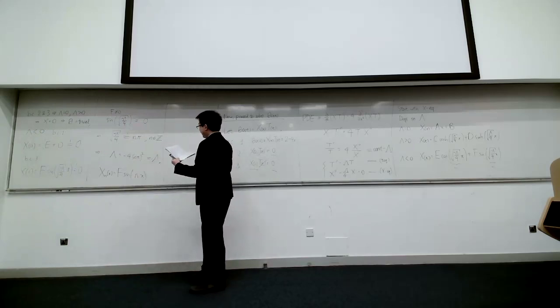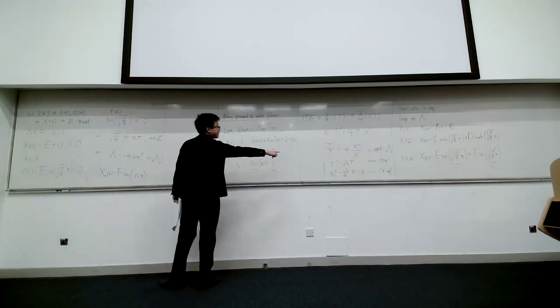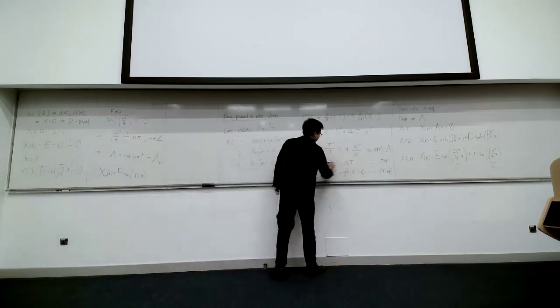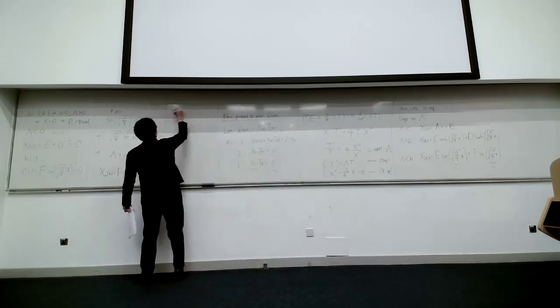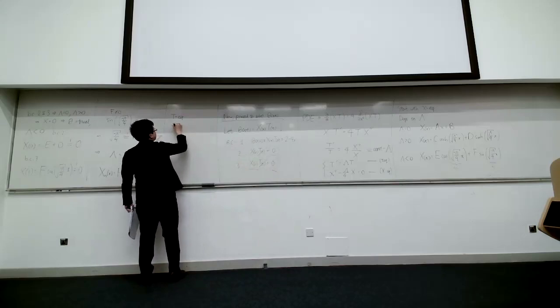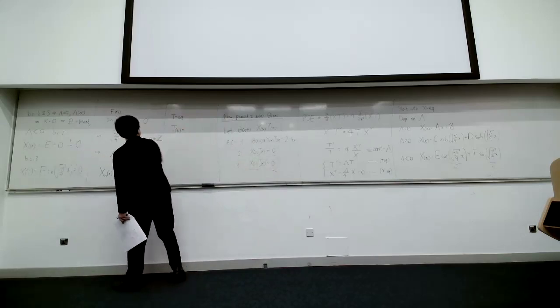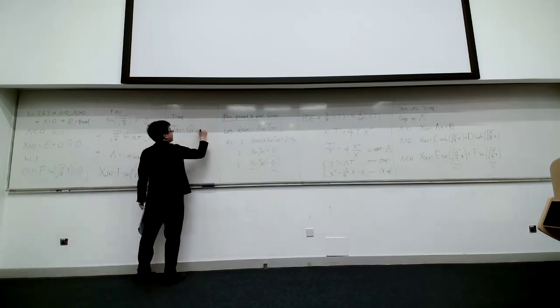Okay, so that's the X. Now to solve for T, that's an exponential function, right? So hopefully you recognize it immediately as well. So the T equation means there's only one general solution.